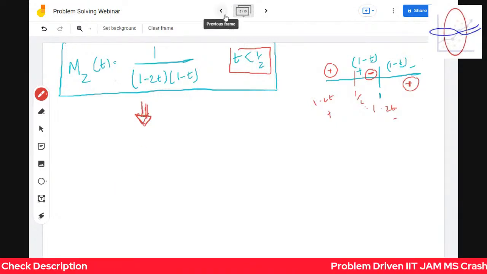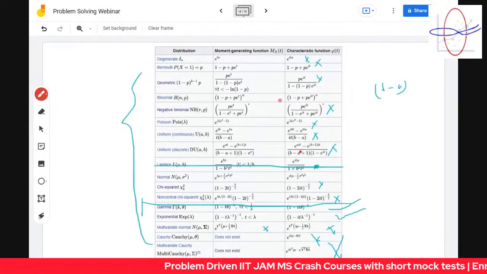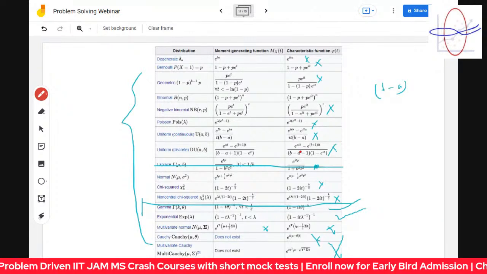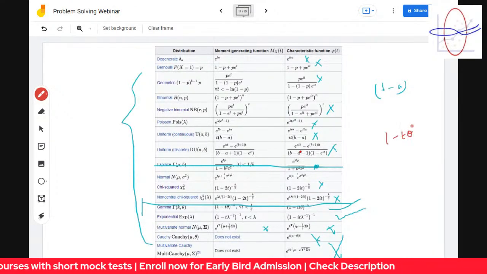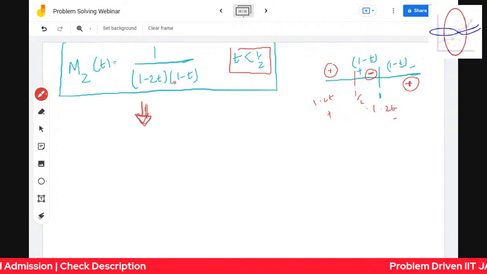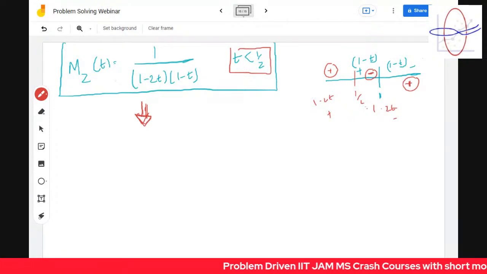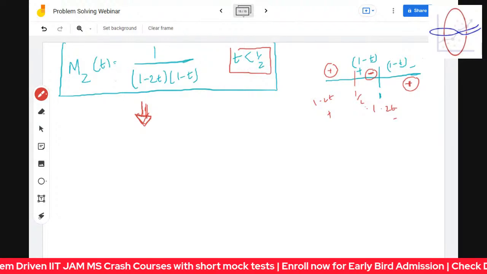I think Z is not something known, because for gamma, what happens is it is equal to 1 minus theta t whole to the power minus k. So this is not of the single format, it's the two-variant format of that. So this is a bit of a trouble. So how do we find it?